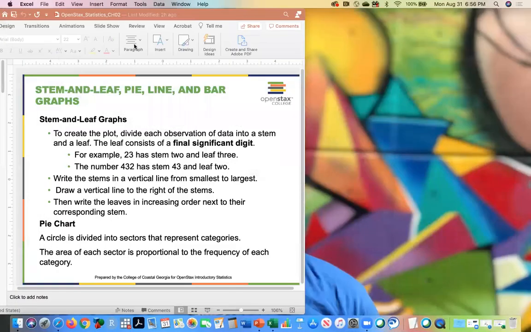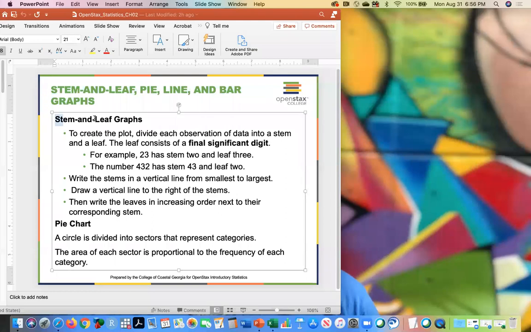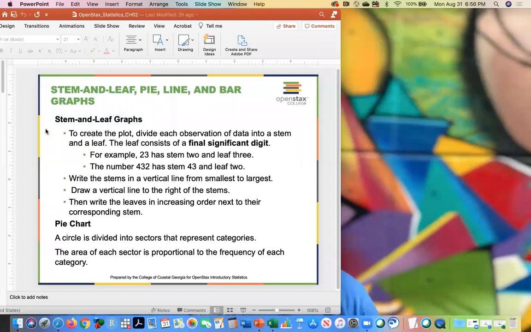I also want to show you some of the other ways we can visualize information. For example, with data, we can create stem and leaf plots, pie charts, line charts, bar charts. I don't like the stem and leaf graphs too much because they are very basic, and you can do it almost by hand.